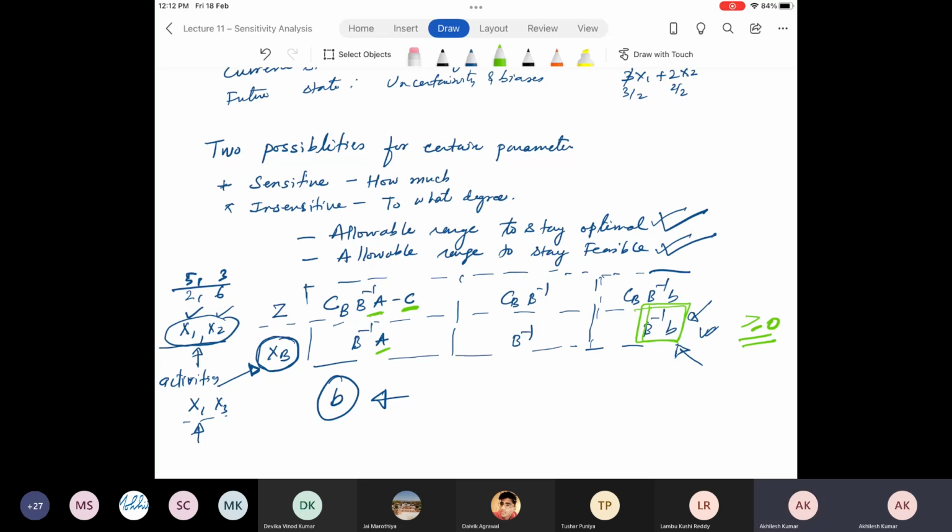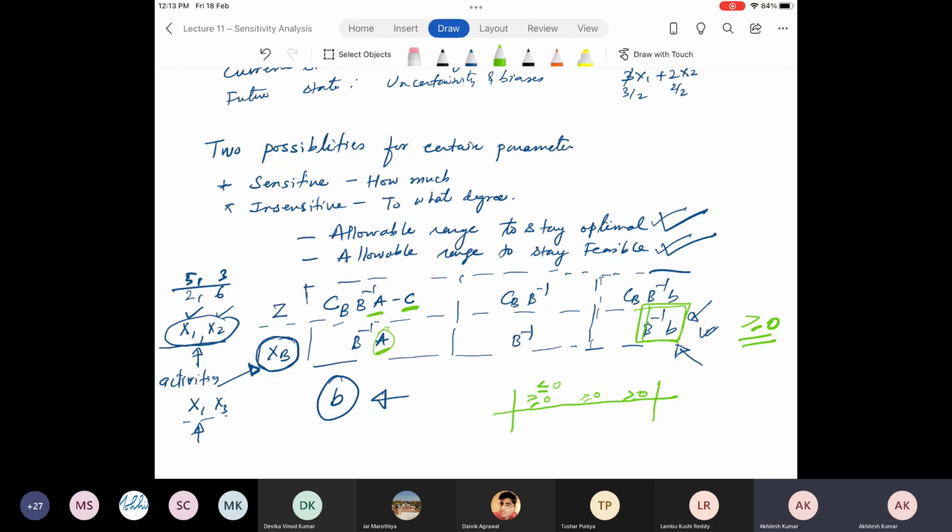If I do CB B inverse A minus C, at the optimal table, all the values are greater than or equal to 0, right? If I make some changes in A and some of the coefficients become negative, then they can enter the basis, right? My basis will change. Are you following? Yes, sir.